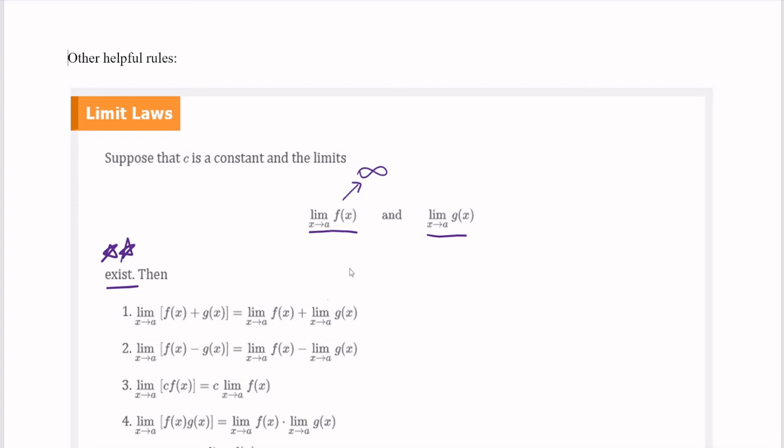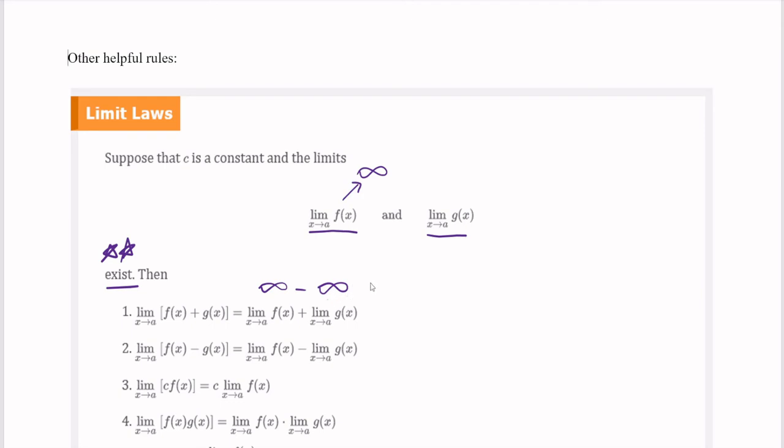And so it's common to be fooled by having one of these limits not exist, go to infinity, but still trying to use this idea here. Sometimes you'll get infinity minus infinity over here, and you're trying to somehow apply that to this sum, and it doesn't work, but it's natural.